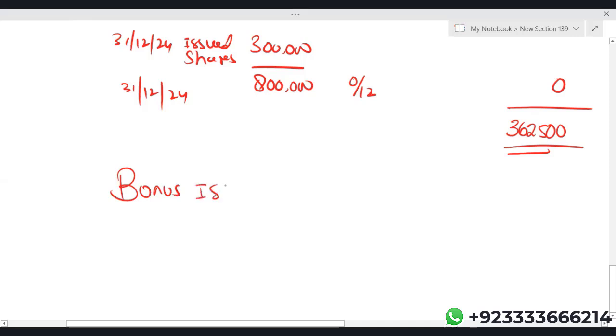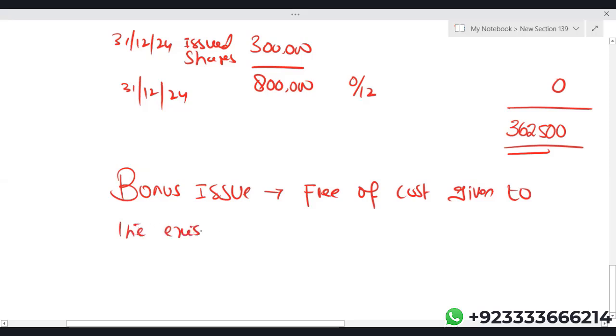Bonus issue. Obviously, bonus is free of cost, given to the existing shareholders.